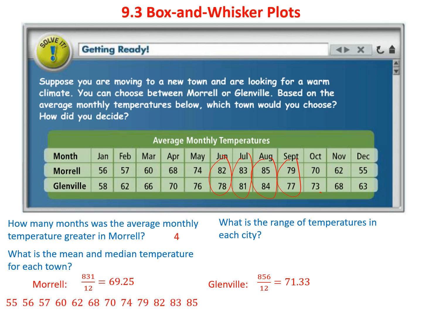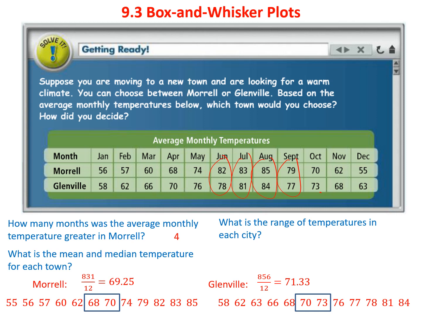If I look at the median in Morel, I can see it is about 69, so the median and the mean are about the same. Over here, the median is again 71.5. So there really isn't much difference between the mean and the median. That means the data is spread pretty uniformly. So generally speaking, if we're looking just at the average temperature, then Glenville is warmer.